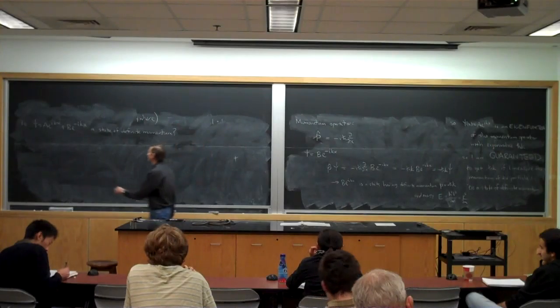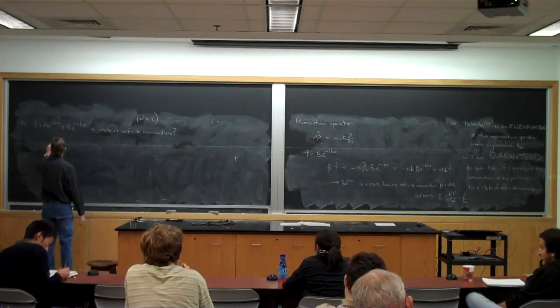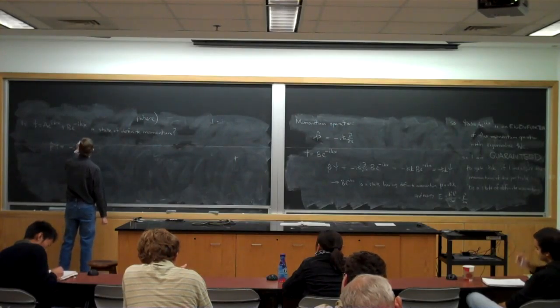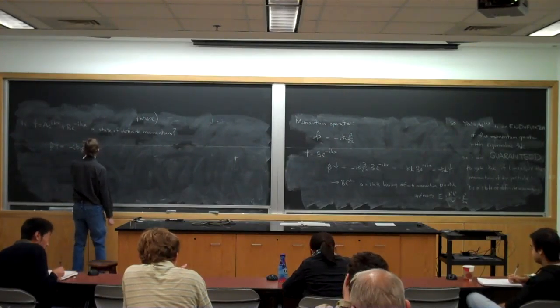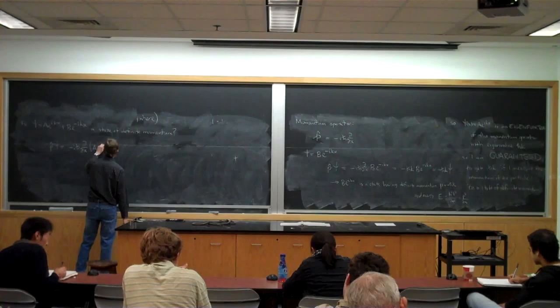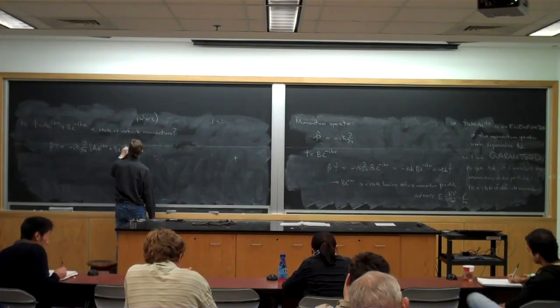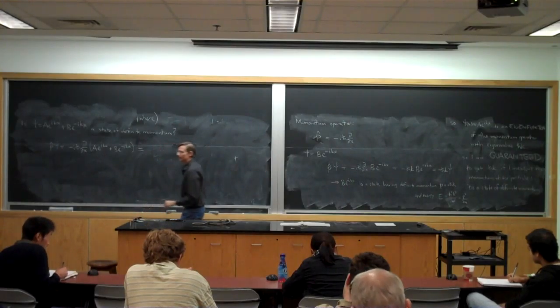Well, what happens if I hit it with p? p psi is minus i h bar d/dx of a e to the ikx plus b e to the minus ikx. What's that give me?